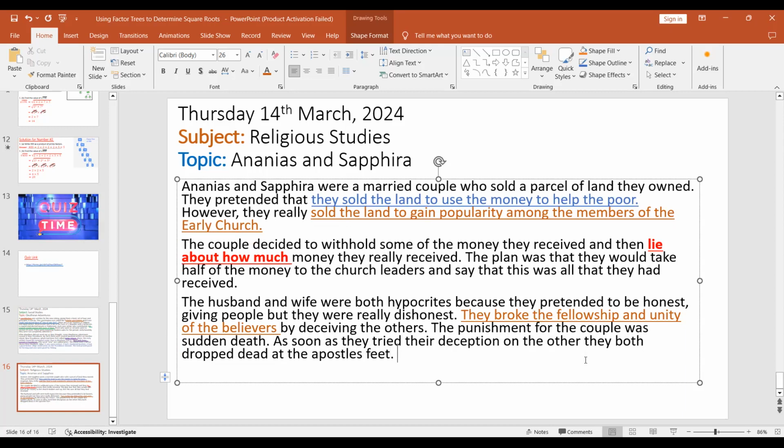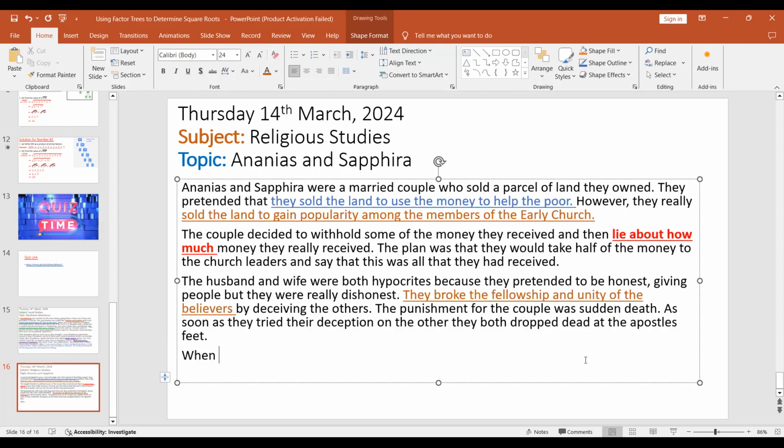Now, truth be told, this happened one after the other. So both of them weren't there at the same time. First the husband came, he lied. Then the wife came, she lied, and then the husband died, and then the wife also died, right?